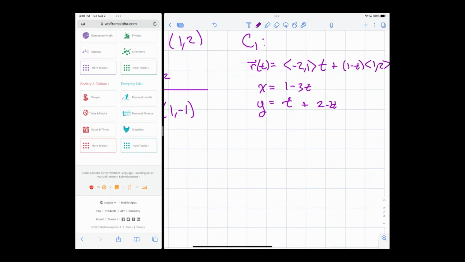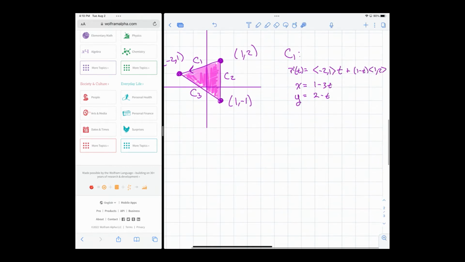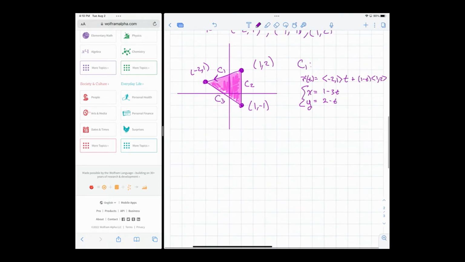That would be 2 minus t overall. So when you put in a 0 for t, you're going to get 2, which is that y value. And if you put in a 1 for t, you're going to get 1, which is that y value. So this parameterization for C1 works. You can do the same thing for the others. I guess I will.